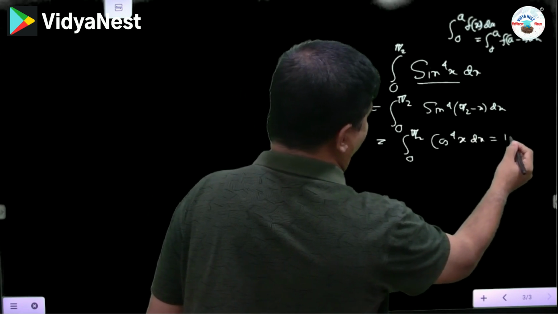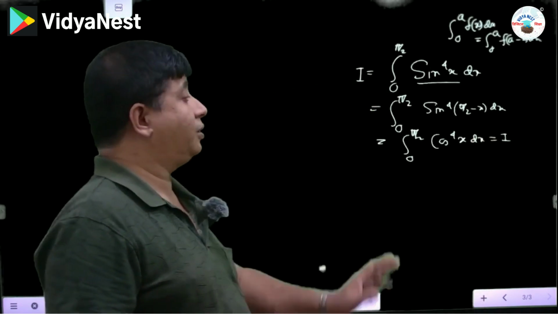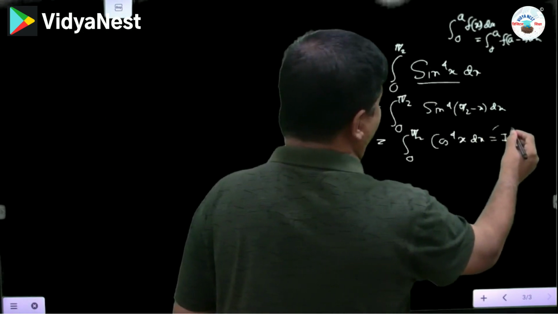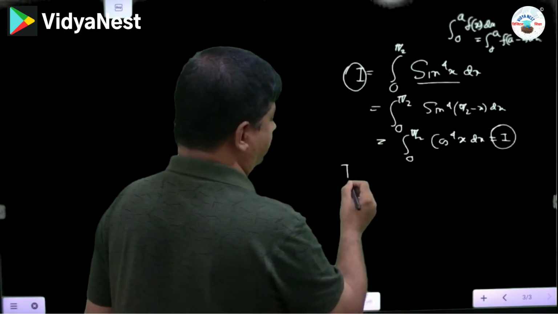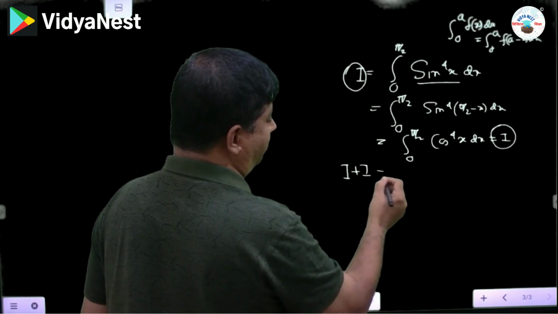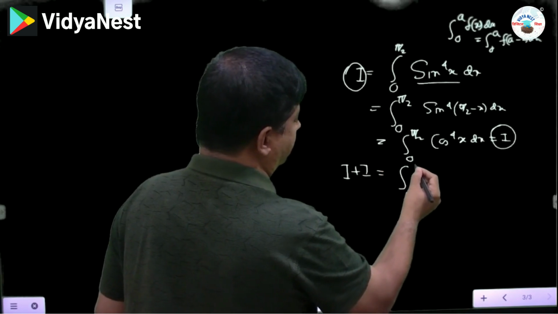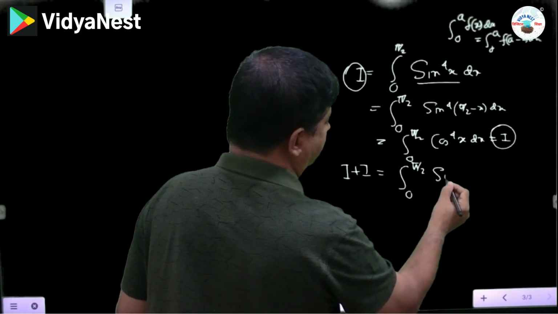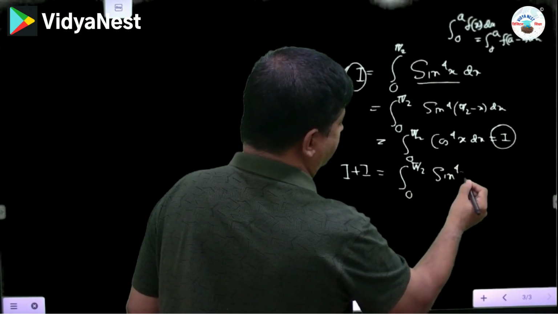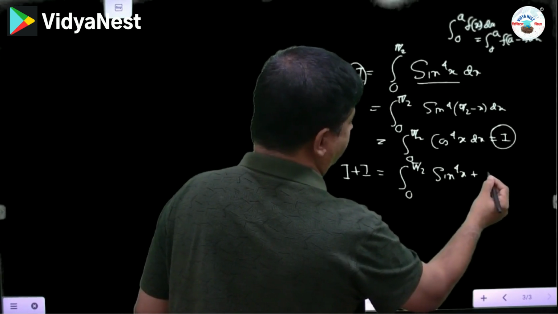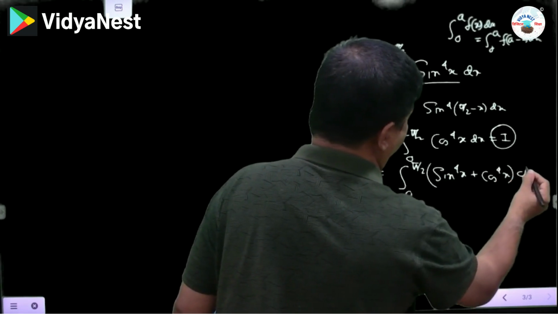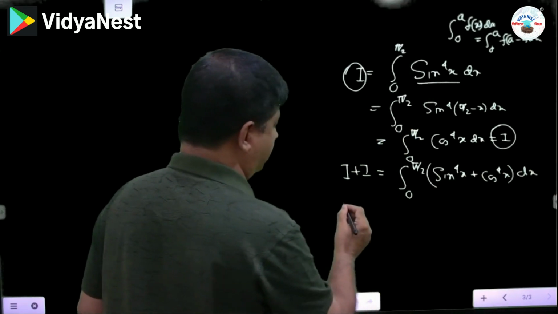That is also I. We are doing the sum with the conventional method. Now, both the I will be added. I plus I, 0 to pi by 2 sin to the power 4x plus cos to the power 4x whole dx.